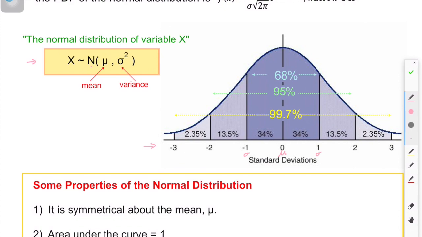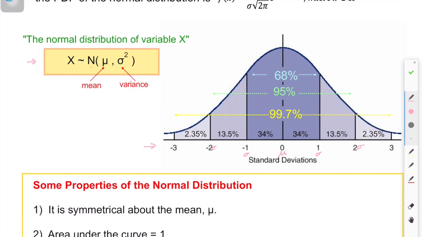No matter how thin, how narrow, how tall, how wide your bell curve is, it's always 68%. And then moving to 2 and negative 2, that covers 95% of the population. And then from negative 3 to 3, you already cover 99.7% of the population.